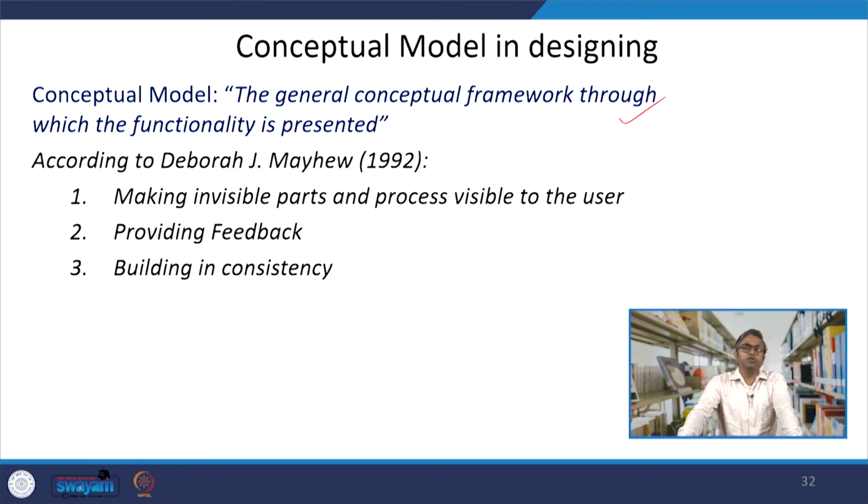When we are talking about the conceptual model in designing, we have to also ensure that consistency is built up. This consistency is important towards the conceptual model. Once a designer has come up with a mental model of the user, then there should be consistency.